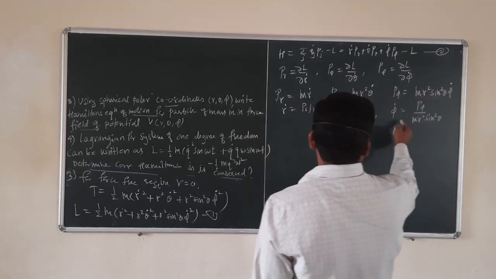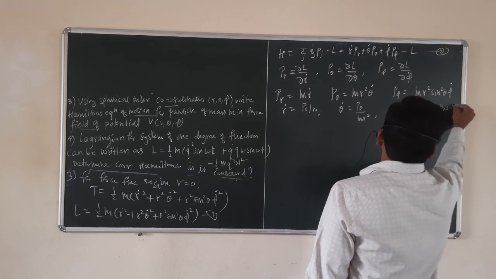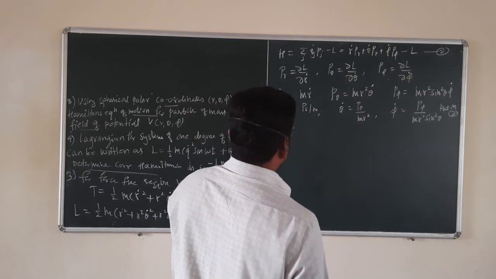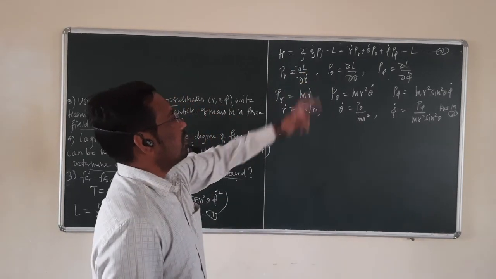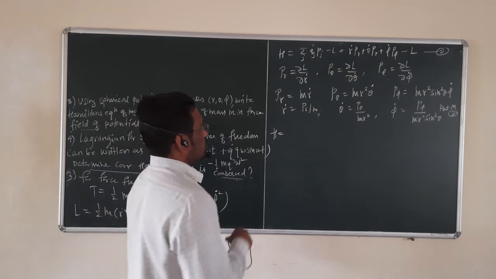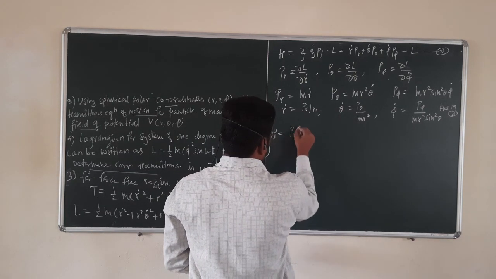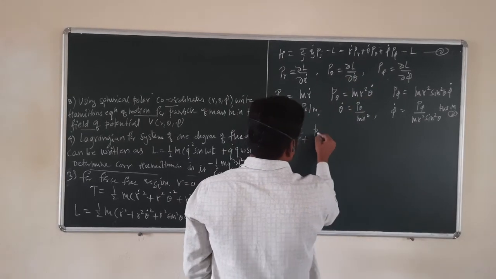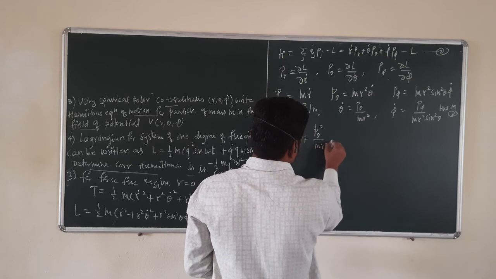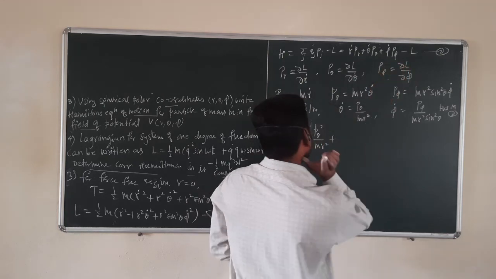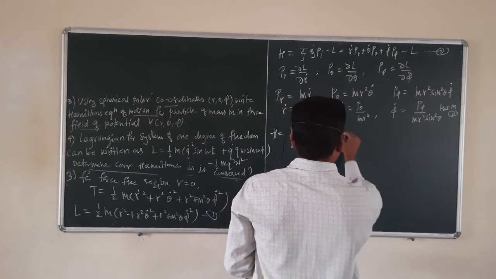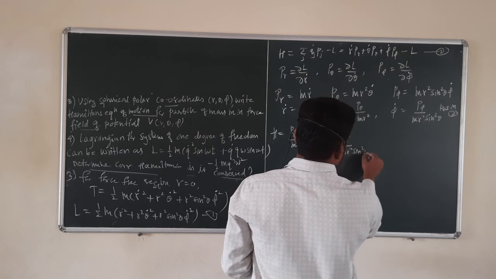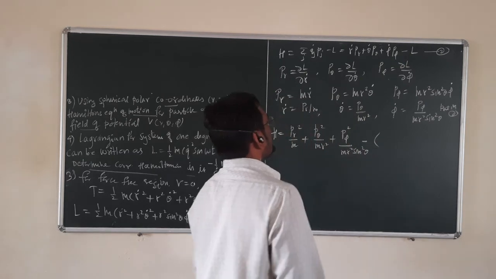So with r dot, theta dot and phi dot put in equation 2, we get Hamiltonian H equal to, first of all, r dot multiplied by Pr, so we get Pr square upon m, plus theta dot multiplied by P theta, so we get P theta square divided by m r square, plus phi dot multiplied by P phi, so P phi square divided by m r square sine square theta, minus Lagrangian.